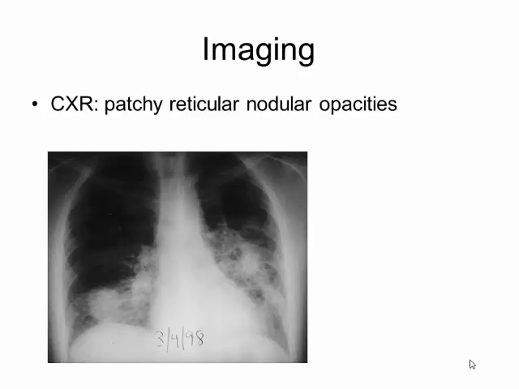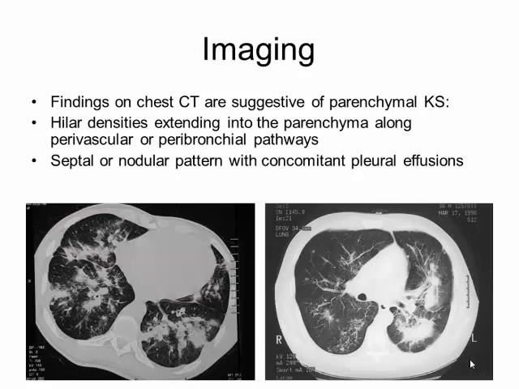The chest X-ray is also non-specific, showing reticular nodular opacities. In an HIV population, of course, ruling out infection is the first major concern, so it doesn't ring any bells in relation to Kaposi sarcoma. On the CAT scan, they might be a little more specific.